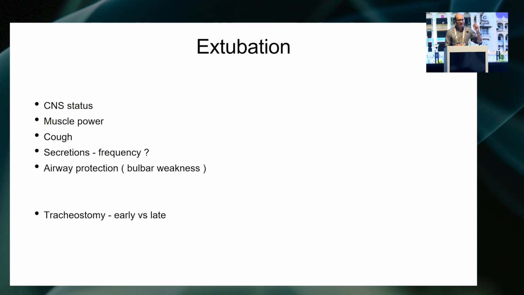Now, if you look at a large number of neurological patients where the GCS is poor, they may still be able to tolerate or they may still be able to successfully go through a spontaneous breathing trial. But they may not be in a condition where you'll be able to extubate them for the only reason that their ability to protect their airway may not be appropriate. So in these patients, probably you should be looking at doing an early tracheostomy and getting them off the ventilator.